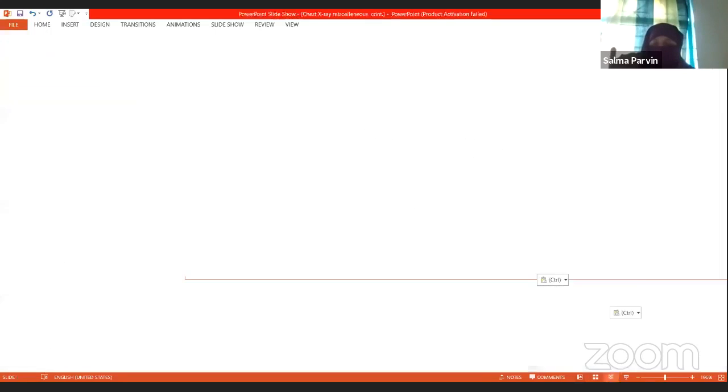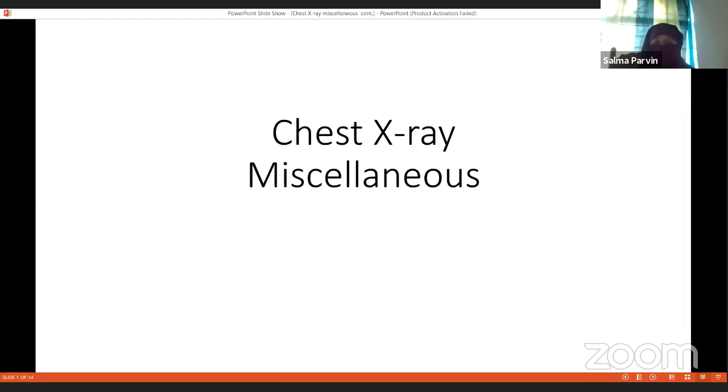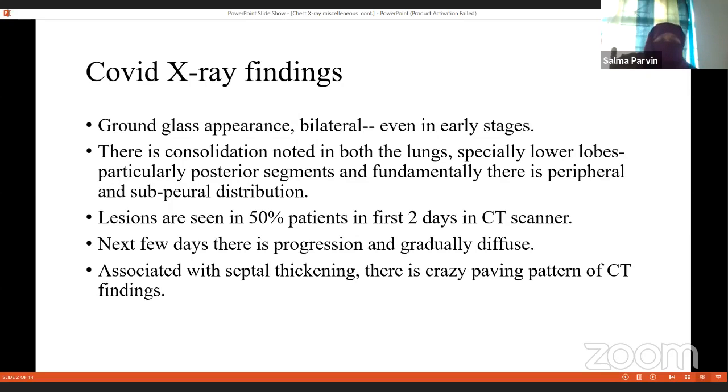We will learn today how to detect the COVID-19 X-ray, how to read it, and what the findings are. The COVID chest X-ray findings we are going to discuss.